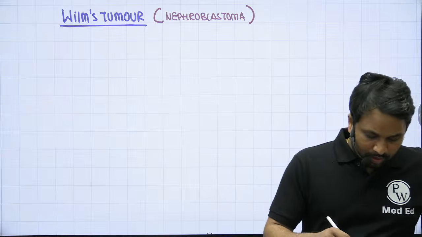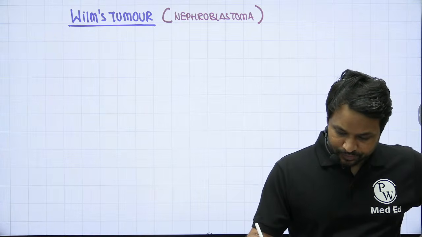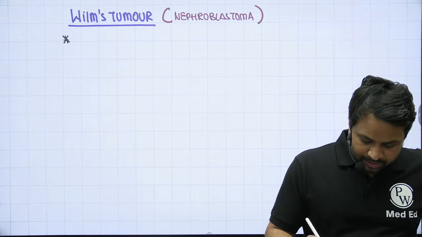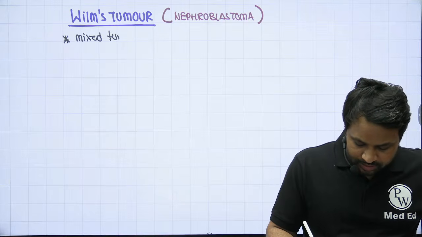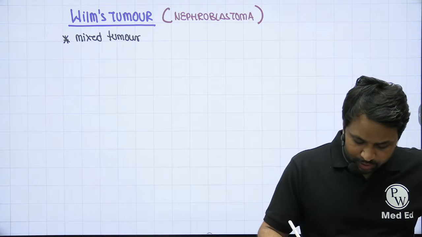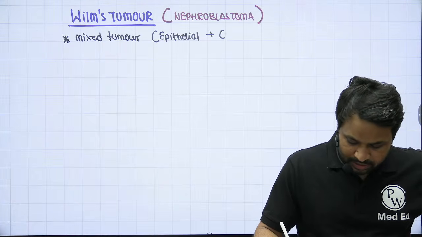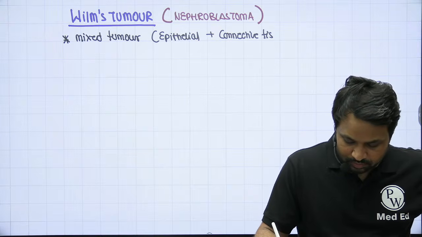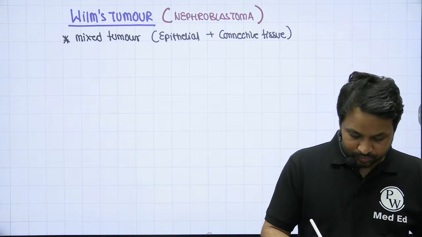Now, the important features of the Wilms tumor, remember, Wilms tumor is an example of a mixed tumor. It has both the components of epithelial as well as connective tissue.